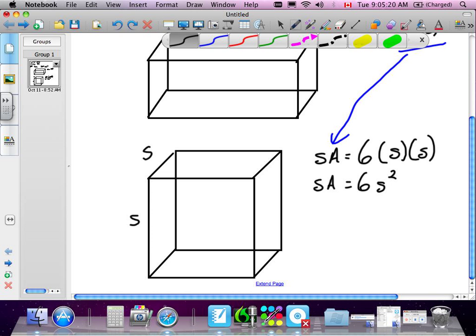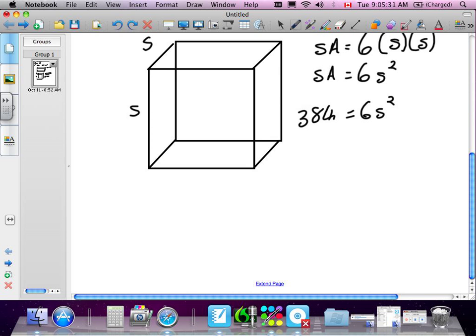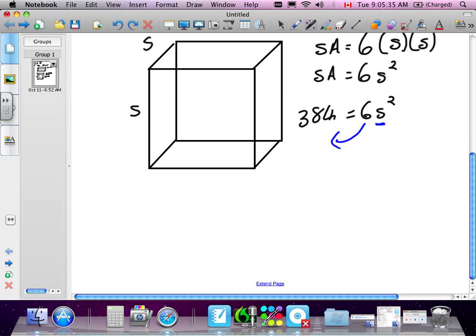Now we need to isolate for s. So the first thing I'm going to do is bring the 6 to the other side. Because this is 6 times s, when it goes to the other side, we have to divide. So we're going to divide both sides by 6. We'll end up with s squared is equal to 64. Okay.